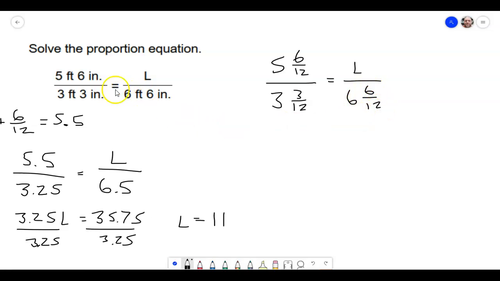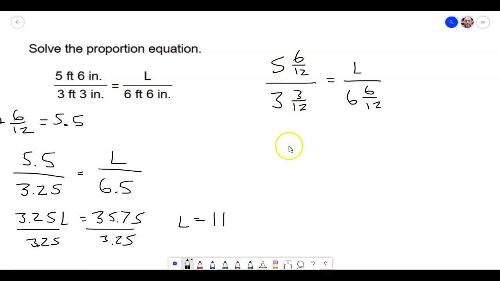So just making these all mixed numbers here by putting the inches over 12 to convert those into feet. And now I'm going to convert all of these into improper fractions. The way I do that is I take the whole number, I multiply it by the denominator, I add the numerator, and I put that over the denominator.